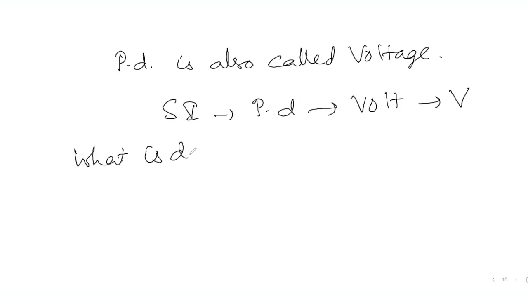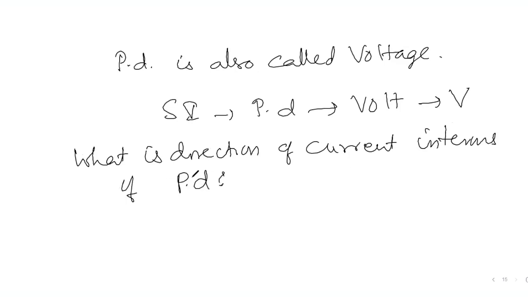Now, what is the direction of current in terms of potential difference? Yes, the direction of current in terms of potential difference is from higher potential to lower potential. In our previous classes, we studied about electrolysis, electroplating. Do you remember this?